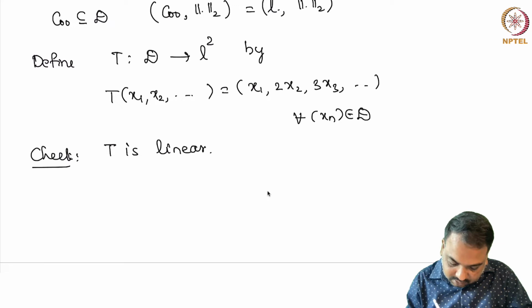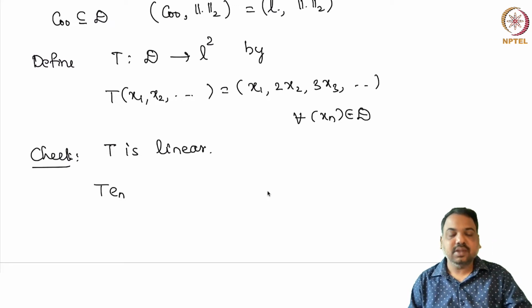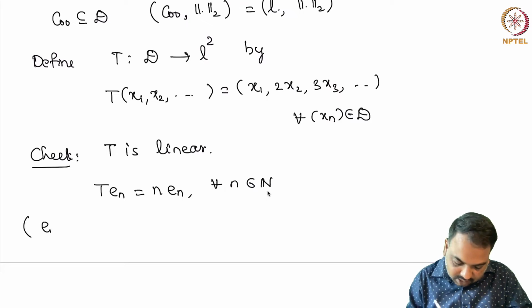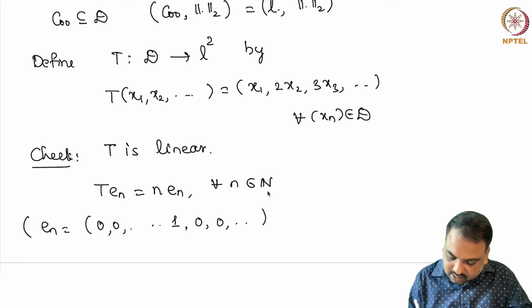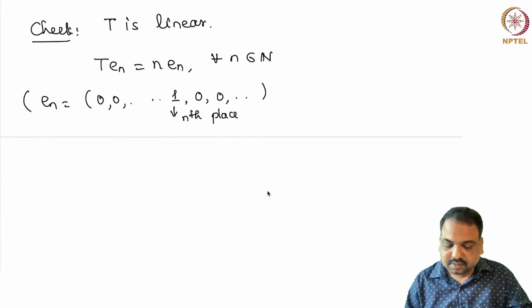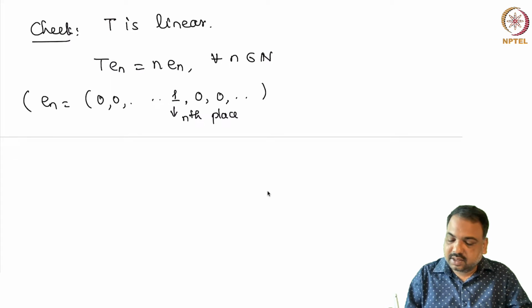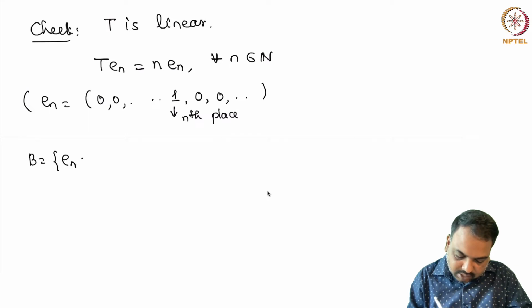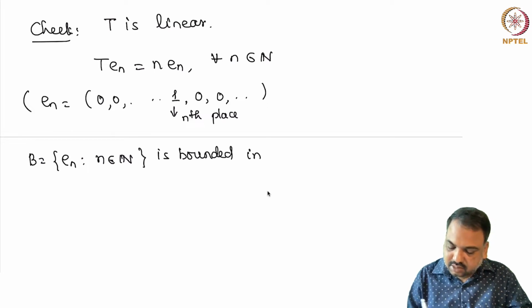If you look at T of En, where En is the standard orthogonal basis element of L2, this is nothing but n times En for every n in N. So let me recall, En is 0, 0, 0, and so on, 1 in the nth place, and the remaining are 0. So here if you take B equal to the set En, n in N, this is bounded in L2.